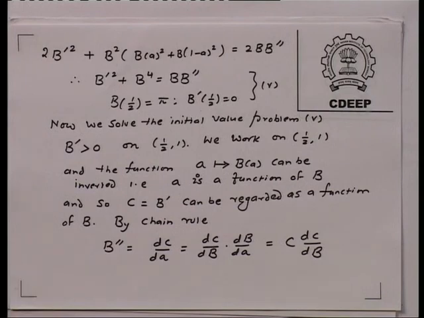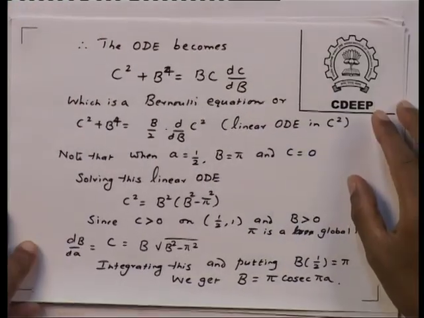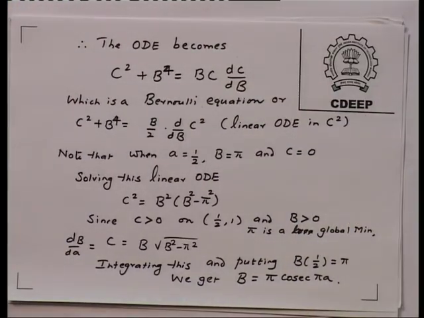Put this into the differential equation. The ODE becomes c squared plus b to the power 4 equal to b c dc by dB. It is a Bernoulli equation. Wonderful. Or you can write c dc by dB as d of c squared by 2, and it becomes a linear ODE in c squared, first order linear ODE in c squared.